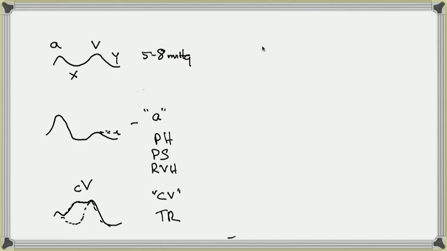Then there's this group of pressures in which the first one is an A, a rapid X descent, a V, and a rapid Y descent. And this is something that Steve Ammon's going to go over. A, V, rapid X, and a rapid Y is, of course, constrictive pericarditis.